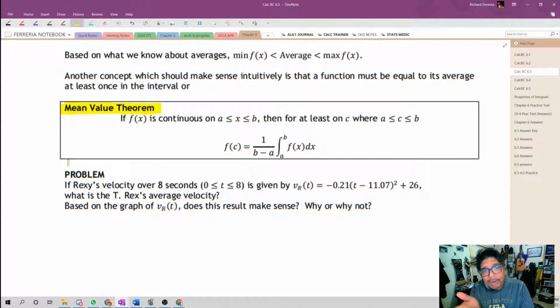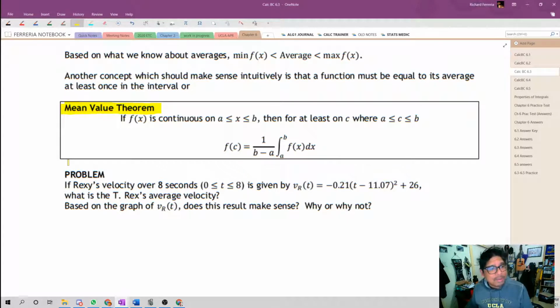If my average speed to San Diego is 62 miles an hour, then somewhere on my drive, maybe once, no, probably twice, I have to have been driving 62 miles an hour. That's all it's saying. The average has to equal the function someplace on the interval.